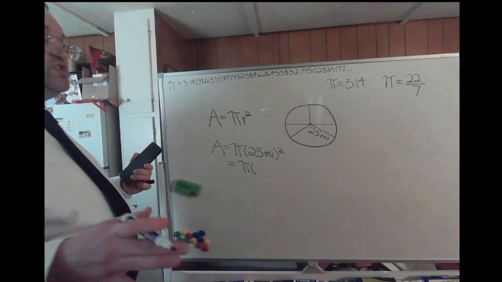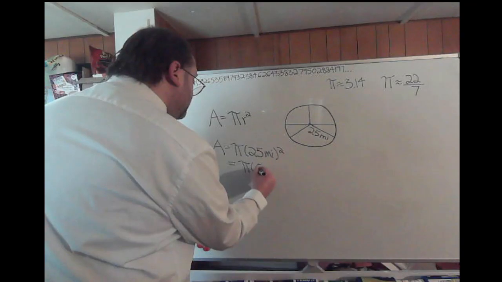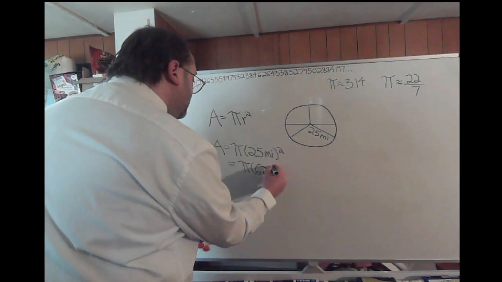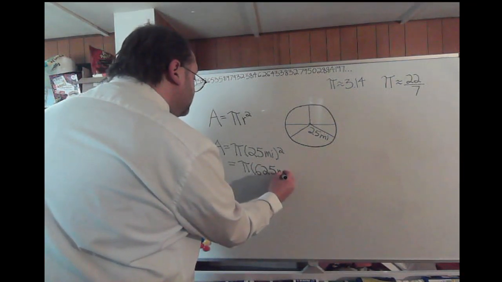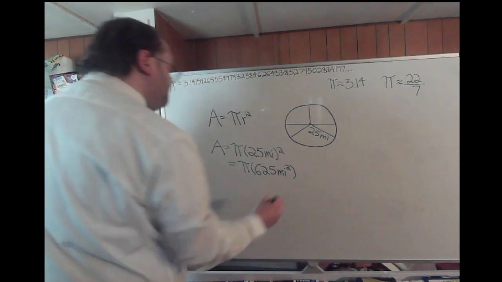Order of operations dictates we do the exponents first, so 25 squared, that's 625. Miles squared, well, that's exactly what it is. Miles to the second power, miles squared.